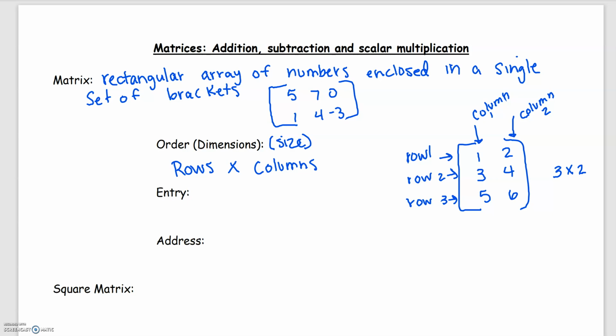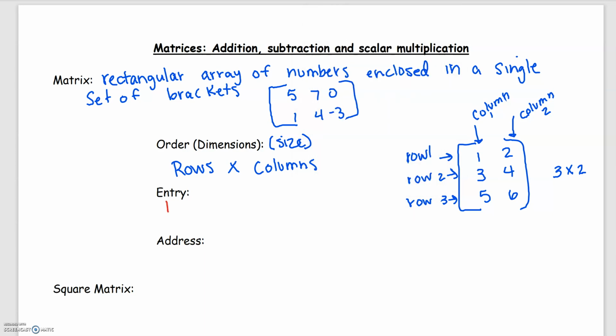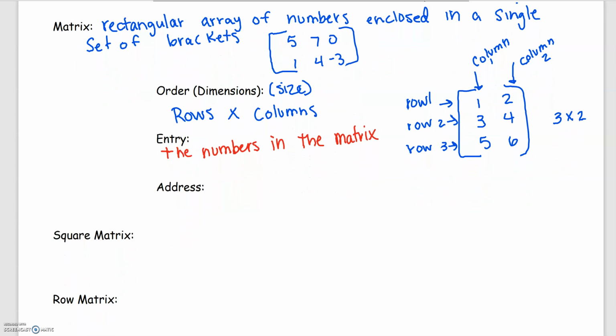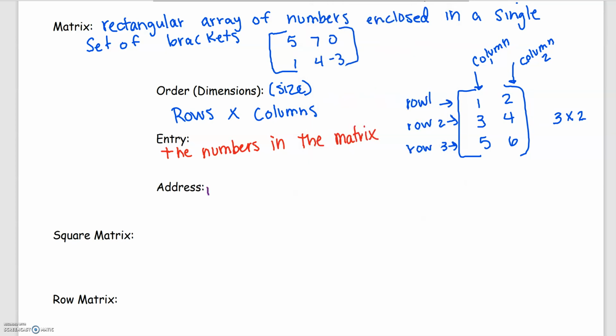An entry are the numbers in the matrix, and then the address would be the location of each number, or entry.